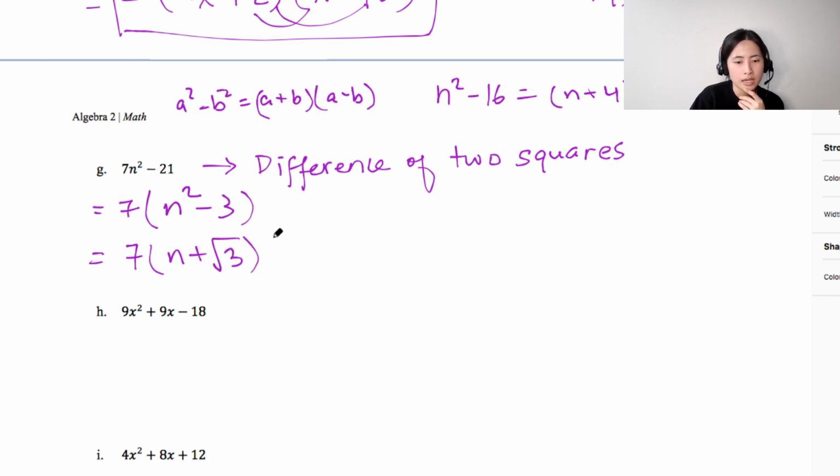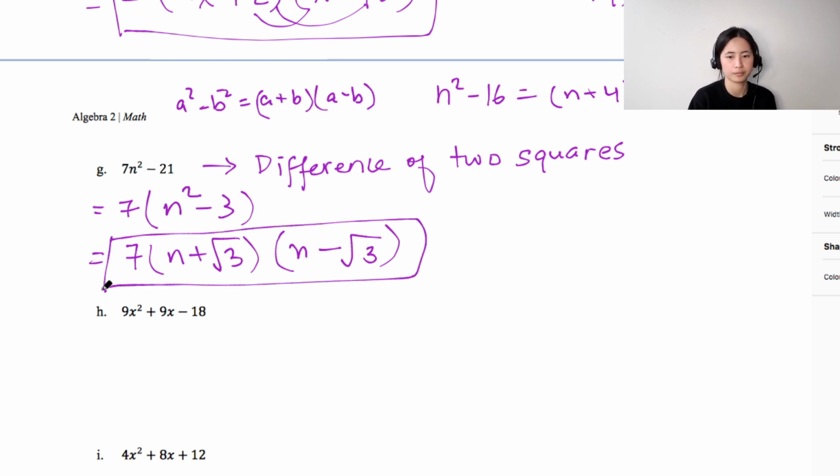And then this is now going to be n, right? So we're just taking the root of n squared, which is n. And then you have n minus square root of 3. So this is your factored form. I know it's something unusual, because typically if we have squares, it would be 9, 3, right?